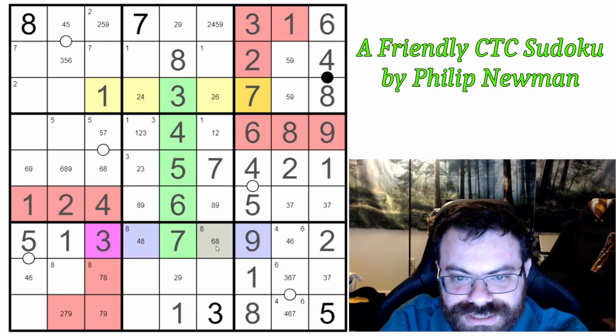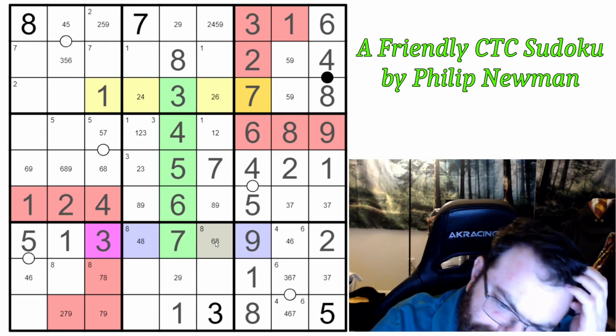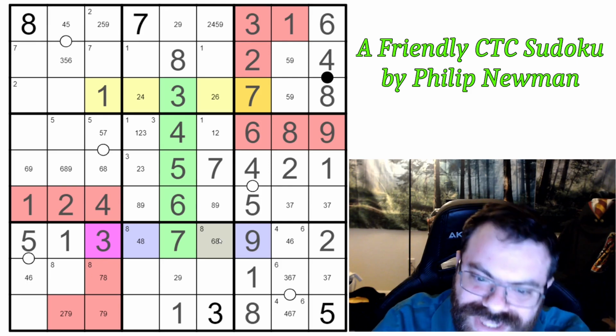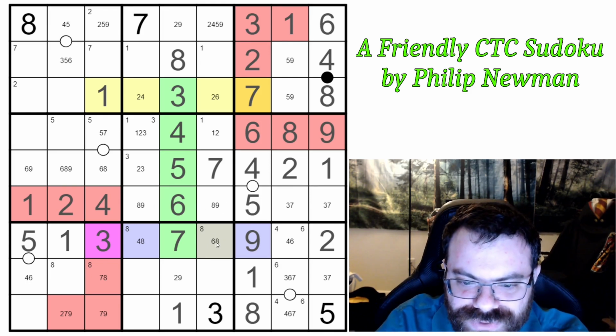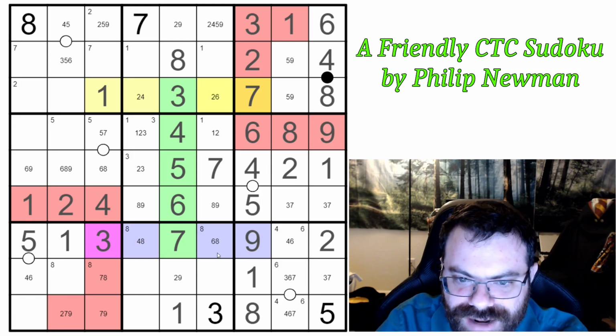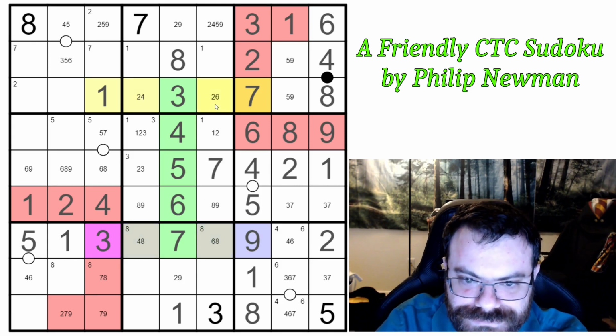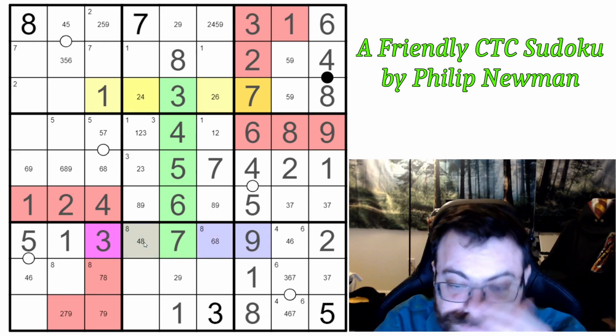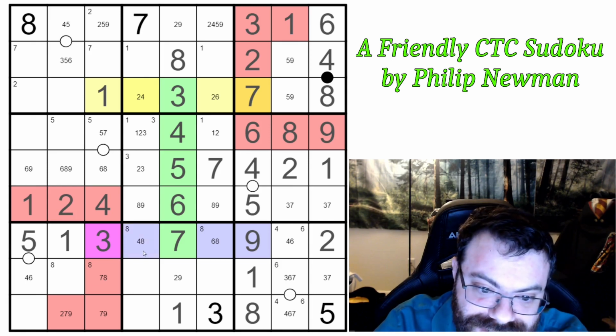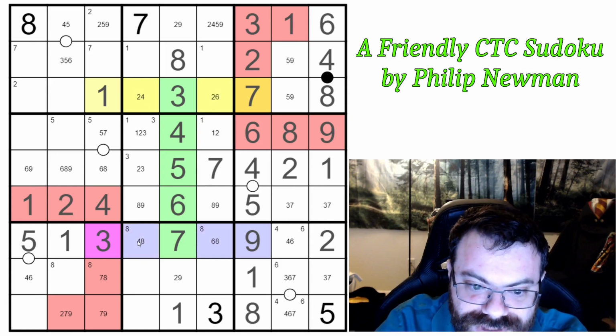That puts the 8 here, 8, 6. So an 8, I'm just looking. An 8 here, I know I looked at this before. An 8 here puts a 9 here. So 8, 9, 8, 4, right? So 8, 4 makes this 2, 6. Yeah, it's still opposite. So does that mean one of these is a 6, and one of these is a 4? I think this is a locked set of 2, 4, 6, 8.